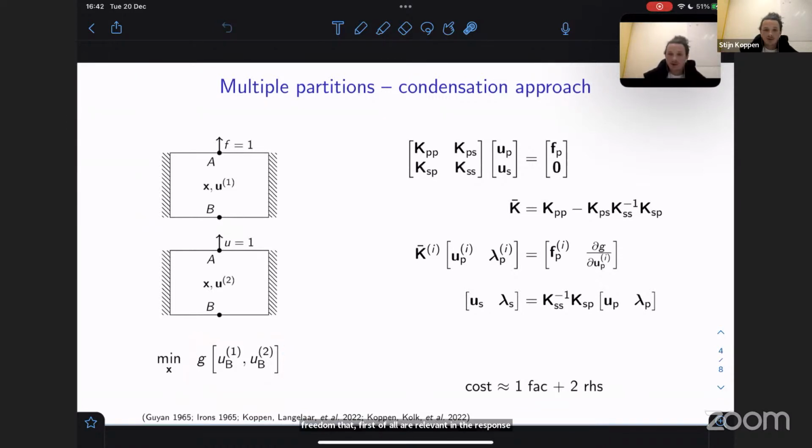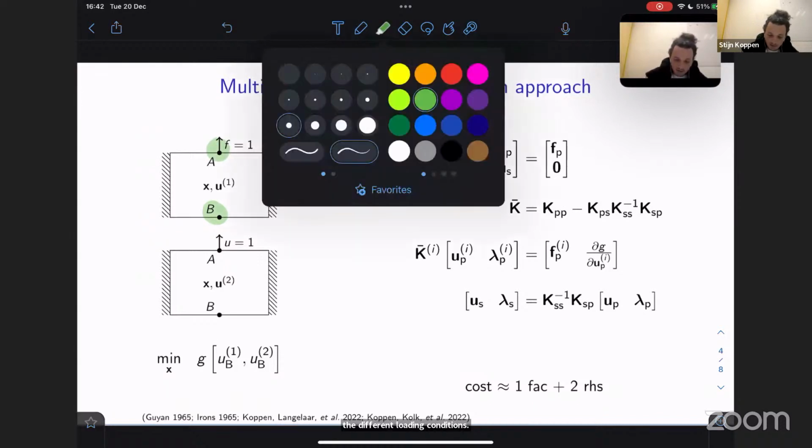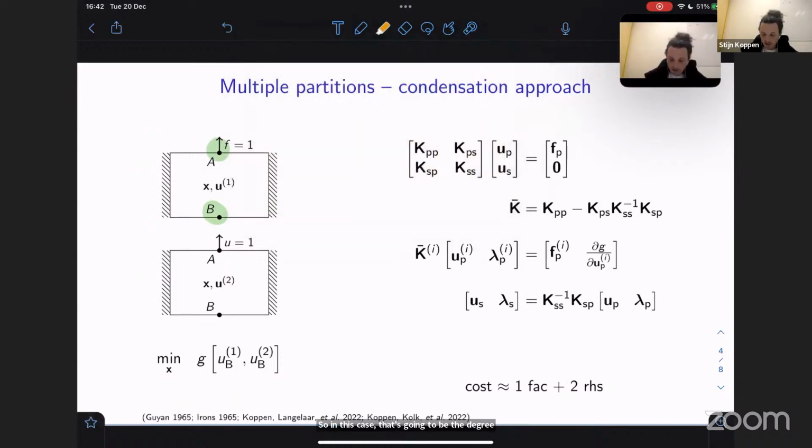So that is the degree of freedom related to point B in this case. And the second one is all the degrees of freedom that change between known state and unknown state in the different loading conditions. So in this case, that's going to be the degree of freedom at point A. So green is going to be our primary degrees of freedom, and orange, that is all the resulting degrees of freedom, are going to be the secondary degrees of freedom.